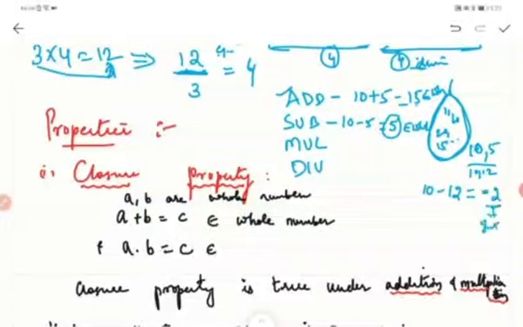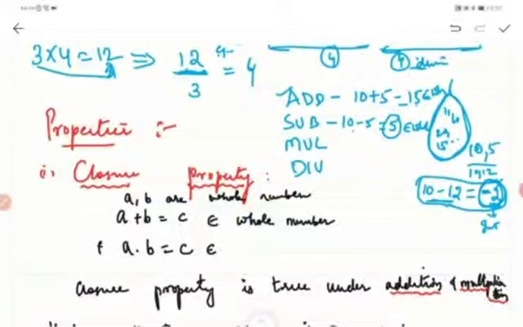You will study this in your next class, class 7. So under subtraction, you got one scenario in which the equation is not giving you a whole number as an output. This minus 2 is not a whole number.